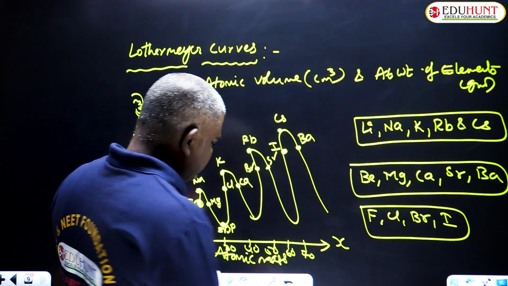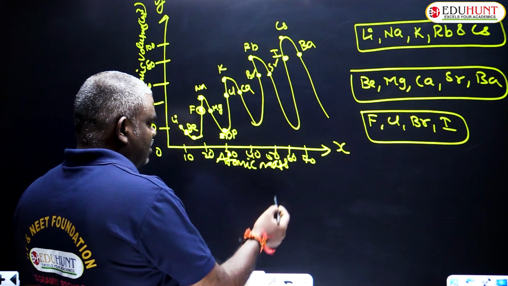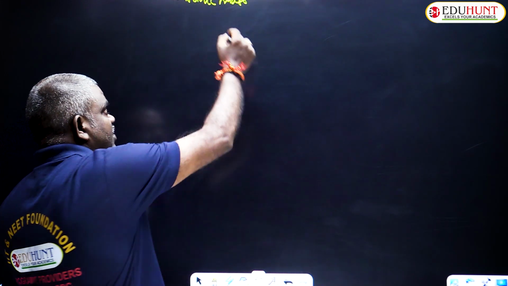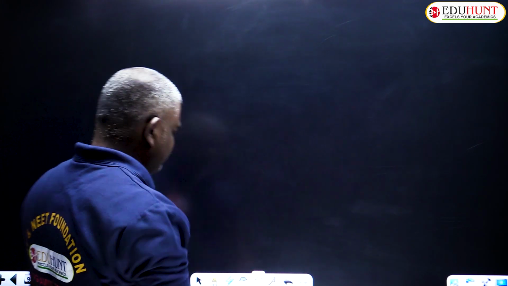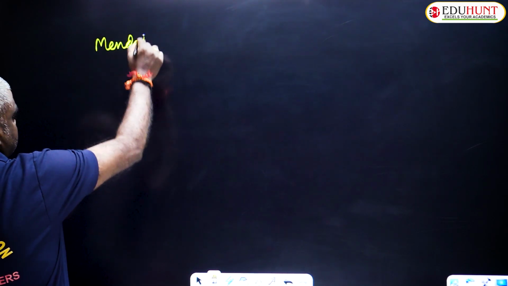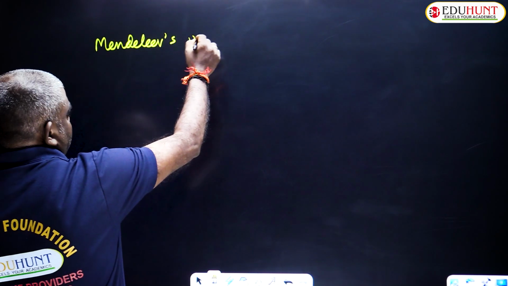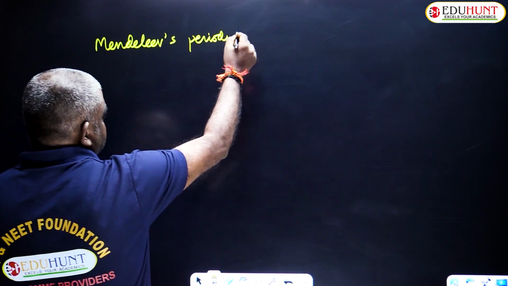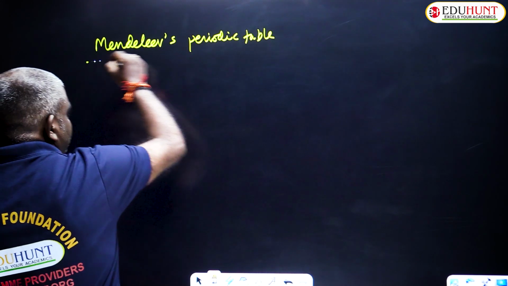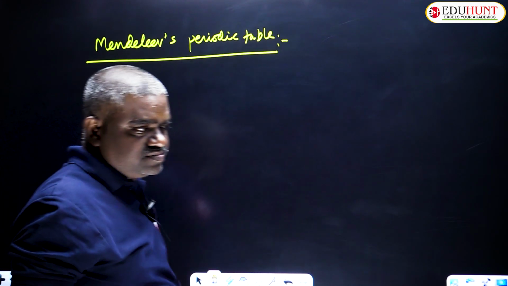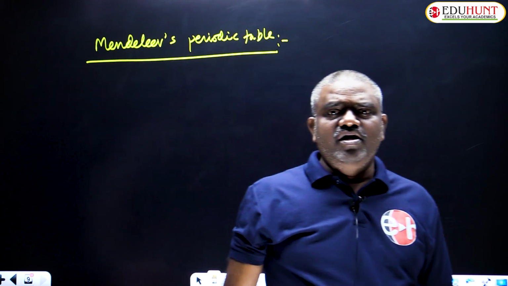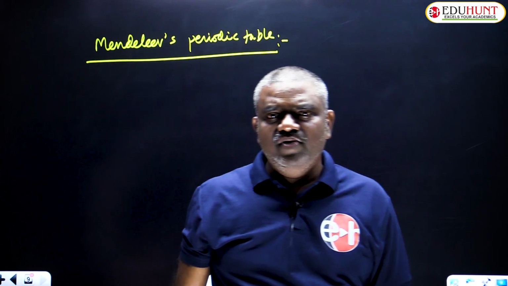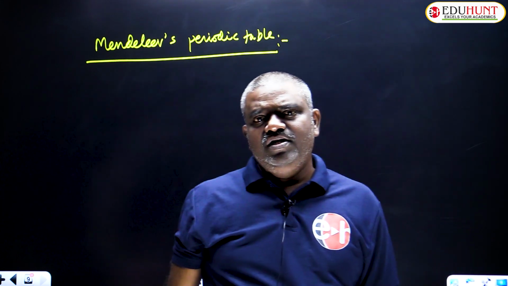After that, the next theory is known as Mendeleev's periodic classification, classification of elements based on Mendeleev's theory. Mendeleev constructed the periodic table based on atomic weights or atomic mass of elements.